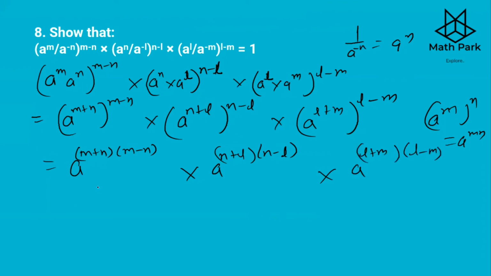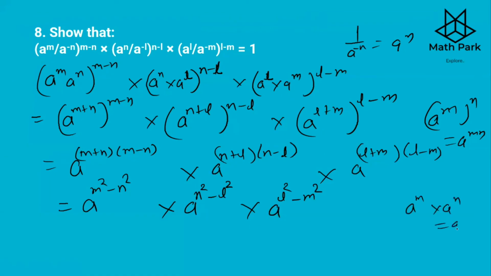Now, recall the identity a plus b into a minus b is a square minus b square. So, this becomes a raised to m square minus n square into a raised to n square minus l square into a raised to l square minus m square. Now, we have the base same. We will be using a raised to m into a raised to n is equal to a raised to m plus n.